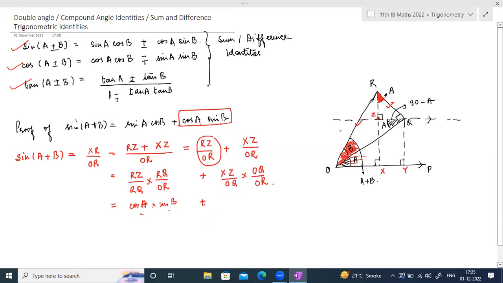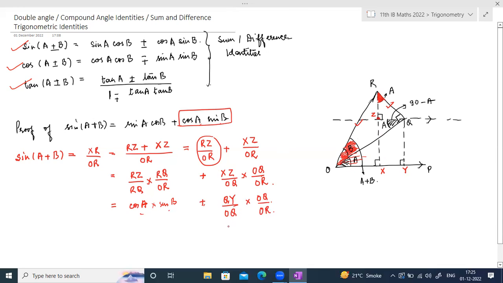And XZ over OQ, XZ, we can replace actually XZ by QY over OQ and OQ over OR. Let it be as it is.